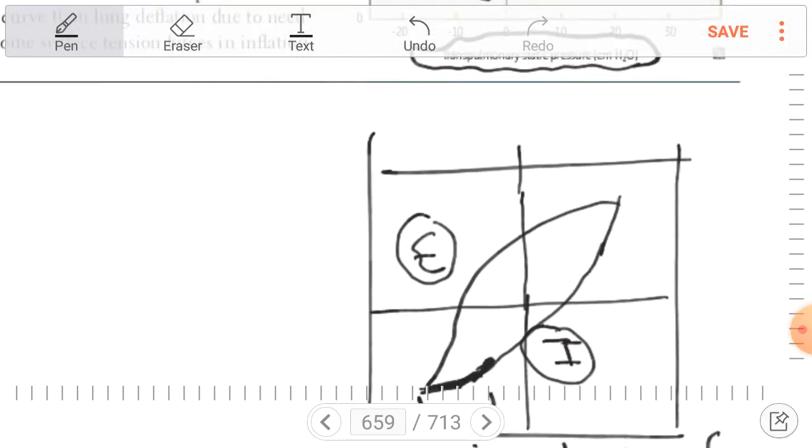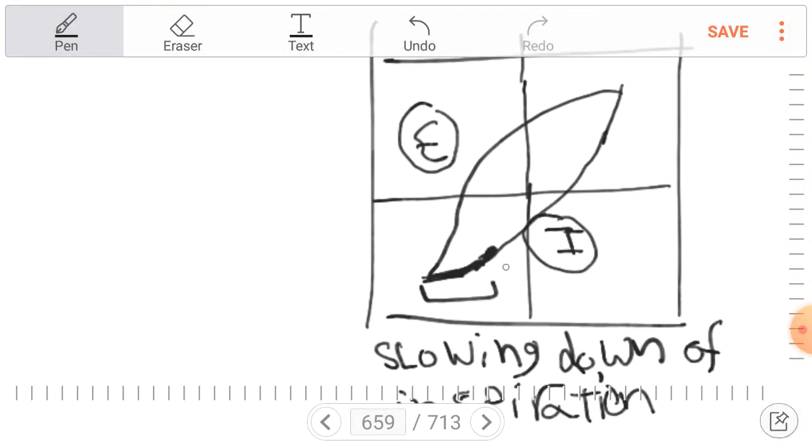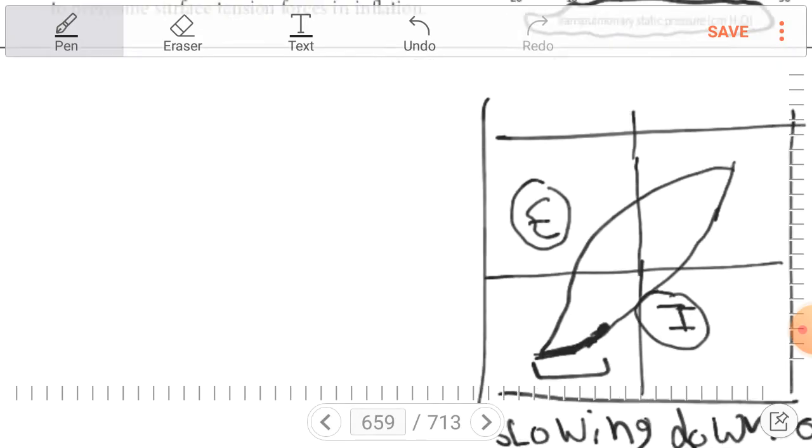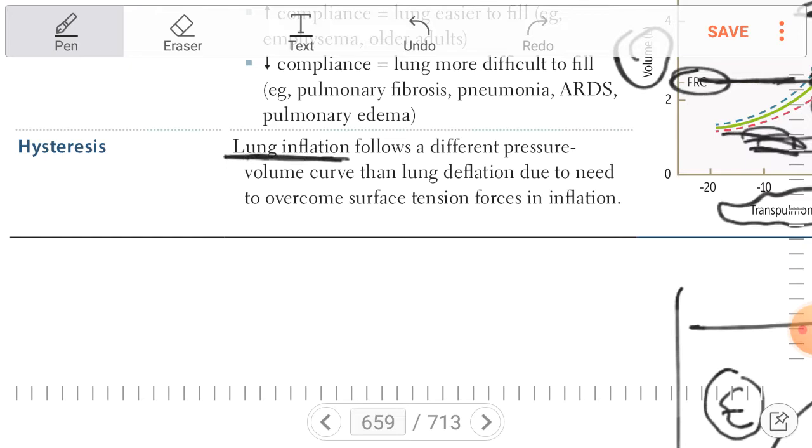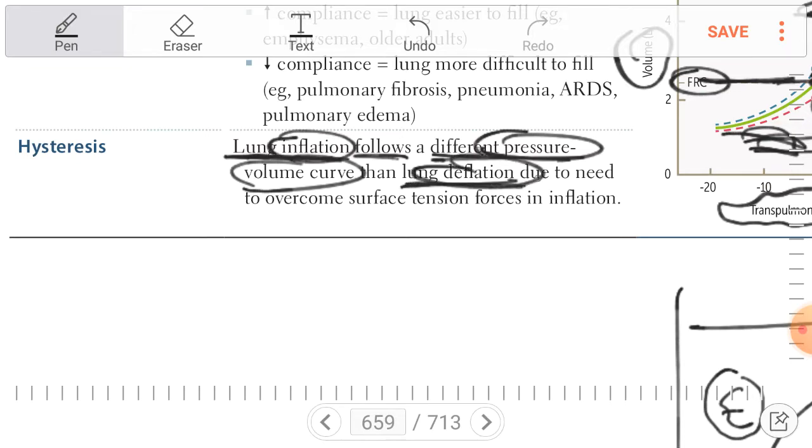Then the next one is a curve called hysteresis. What is hysteresis? The lung inflation follows a different pressure-volume curve than lung deflation. So inflation and deflation, inspiration and expiration, due to the need to overcome surface tension forces in inflation.